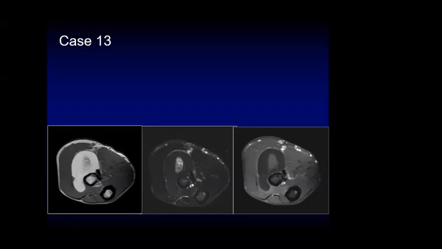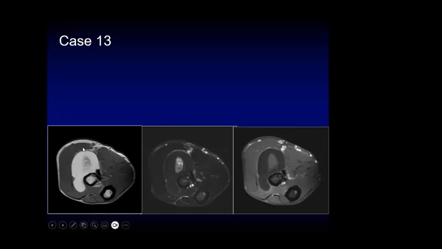Cystic lesion. So this is T1, this is T2FS, and this is contrast. Sarcomatous change. Okay, so on T1 it is actually hyperintense.